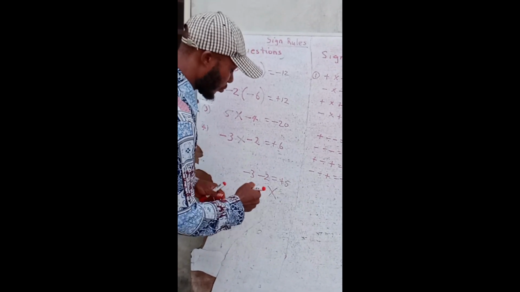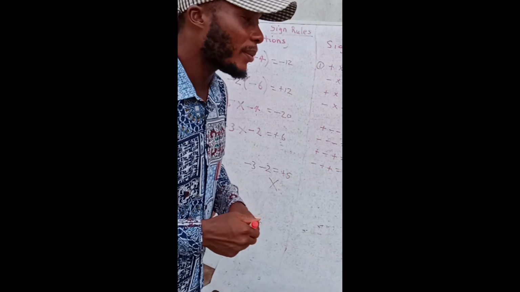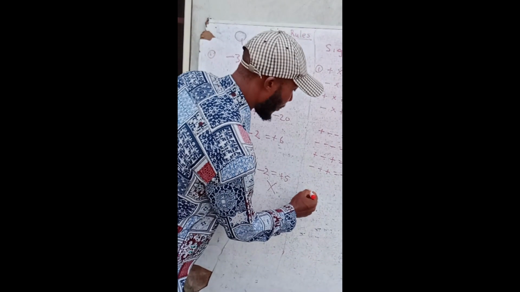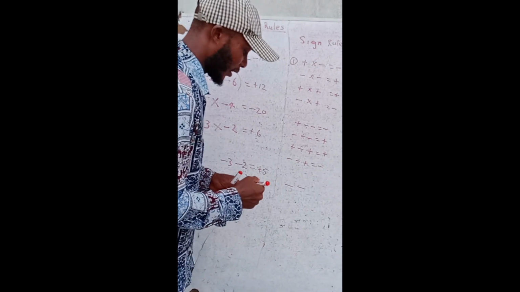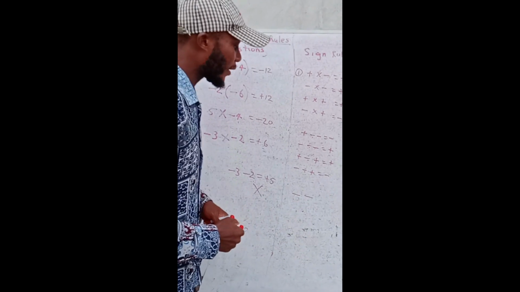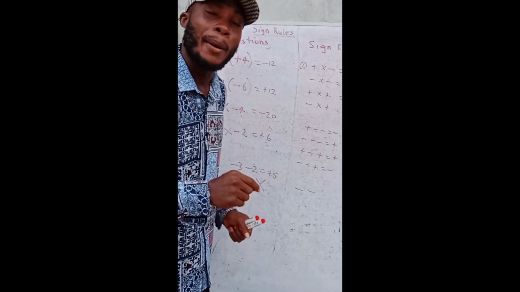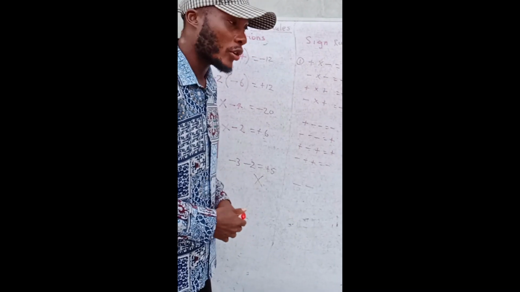It's not true. When you say minus minus, it means no number should be in between them. For us to have minus minus, it means minus times minus.